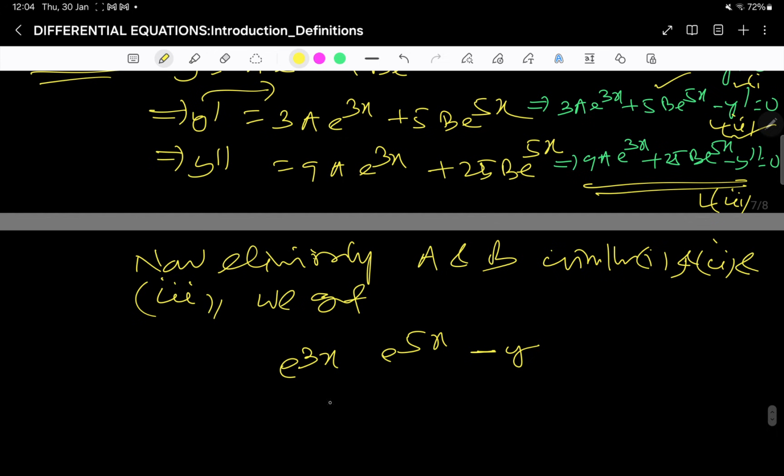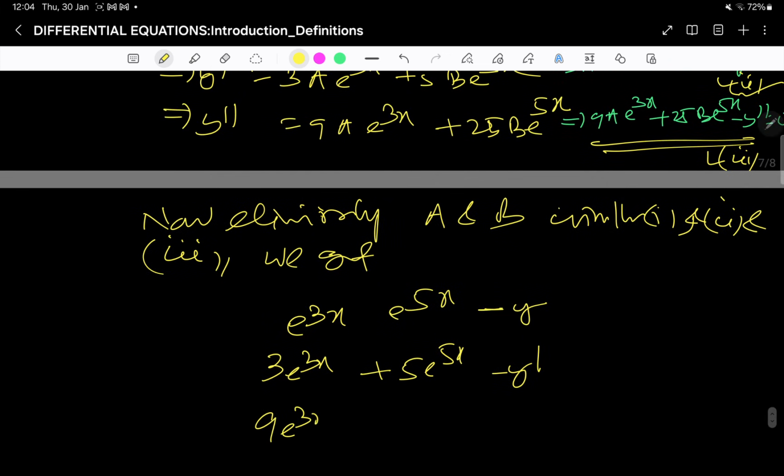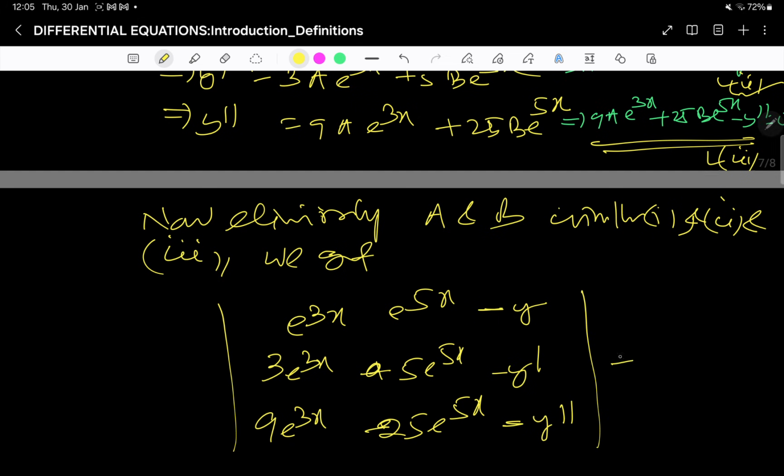Similarly the second row is 3e^(3x), 5e^(5x), minus y', and from the third equation it is 9e^(3x), 25e^(5x), minus y''. This determinant value is equal to 0.